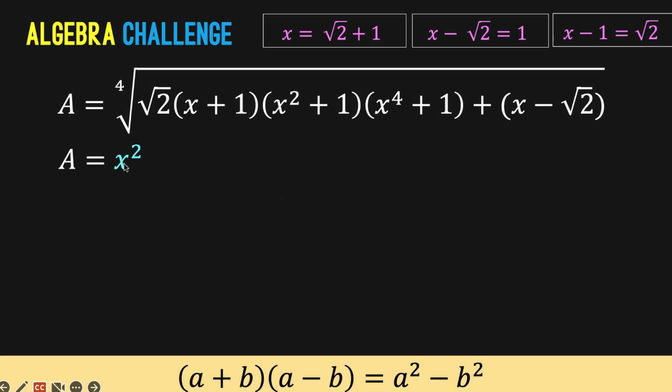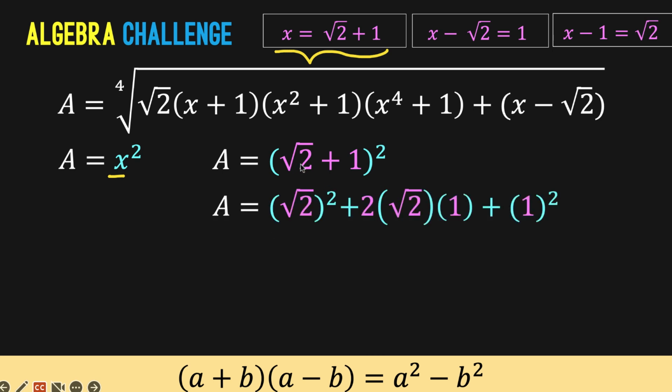But we also know that x is equal to the square root of 2 plus 1, this value here. So replacing now this x with the square root of 2 plus 1, this is now what we have. The square of the quantity, the square root of 2 plus 1, which is a square of a binomial, and we know how to simplify this.